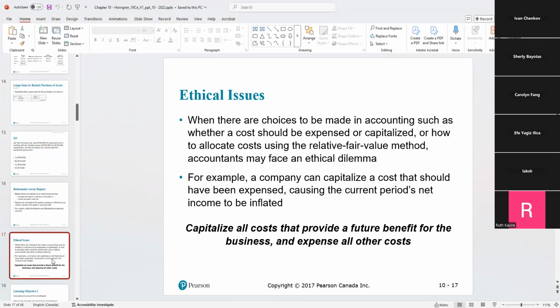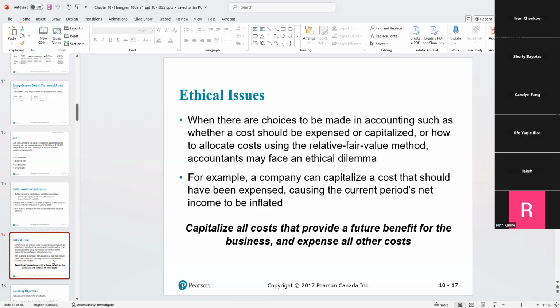The ethical problem is that you as an accountant always have to make a decision. Is it a betterment or is it a repair? What's the difference? The difference is that in the first case, you have to add it to the asset. If you add it to the asset, you're going to hold it on the balance sheet. If it's repair, you can purely expense it.